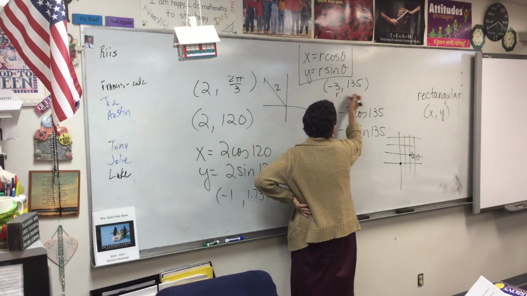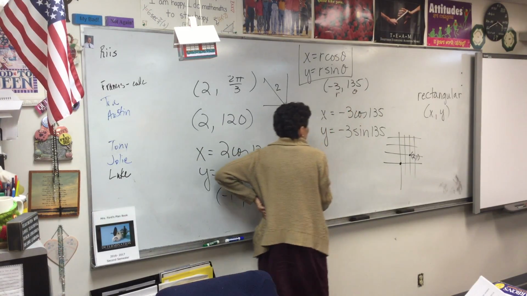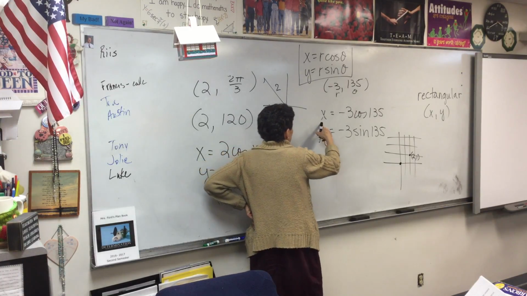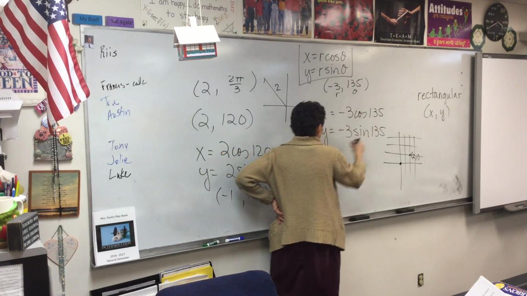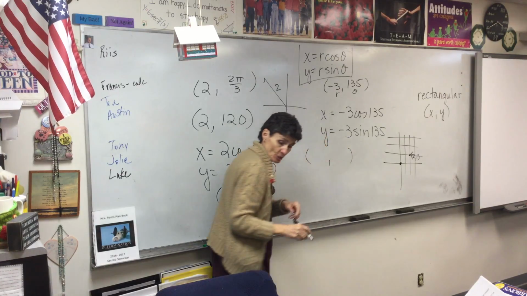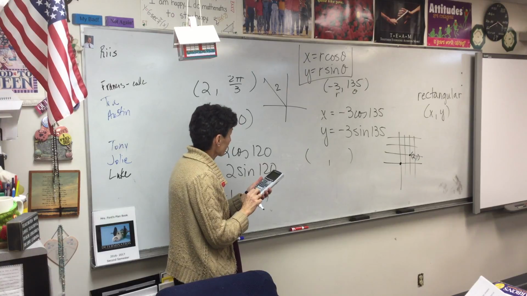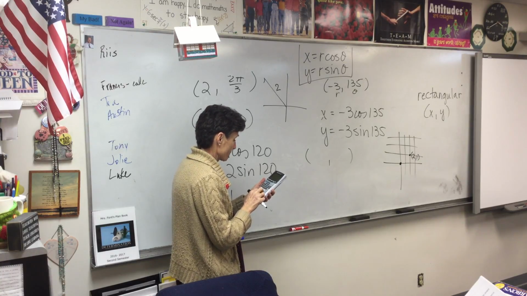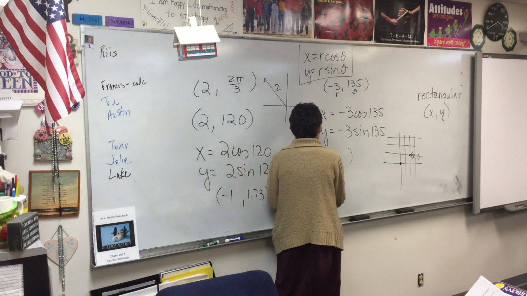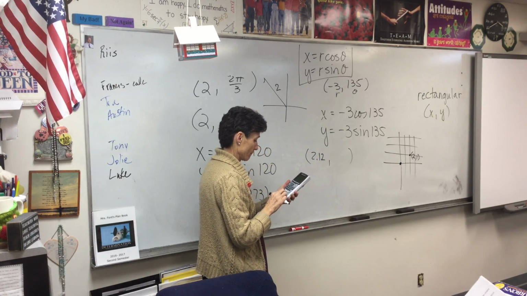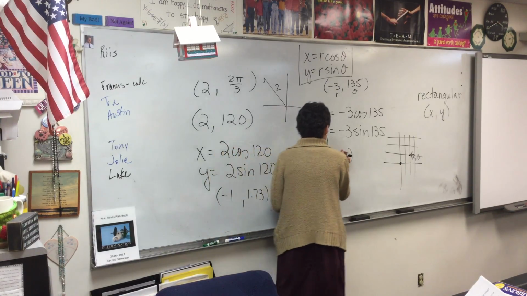You were given an r and given a theta. Those are your polar coordinates. So x equals negative 3 cosine 135, y equals negative 3 sine 135. So your coordinates are 2.12 and negative 2.12.